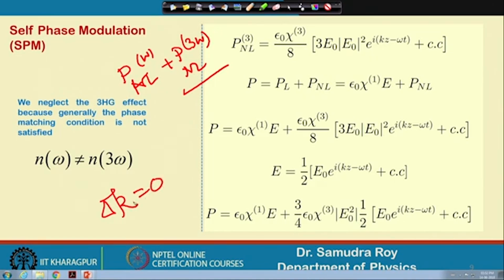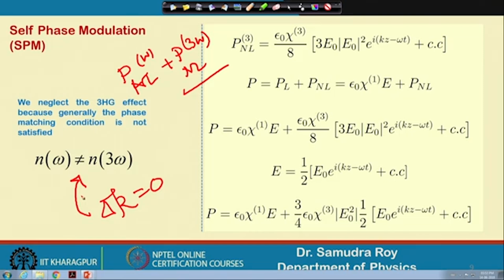In this case, the delta k equal to 0 condition, in terms of frequency, leads to an expression n of omega is equal to n of 3 omega. But normally we know that due to dispersion n of omega can never be equal to n of 3 omega. So, we are not going to get the third harmonic normally. So, it is very difficult to get the third harmonic.